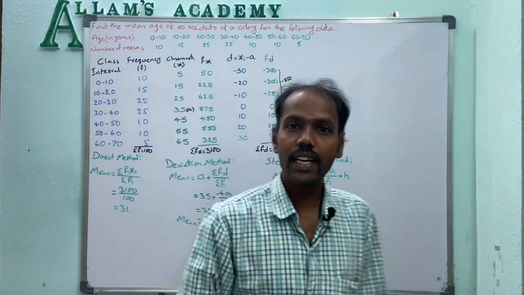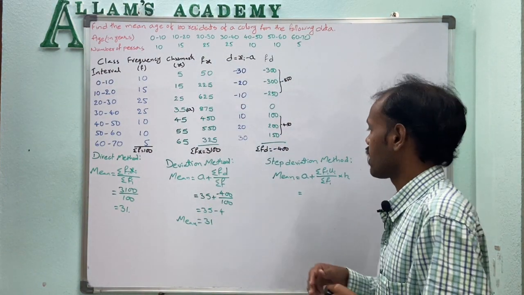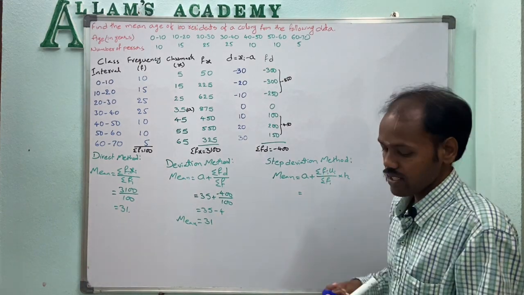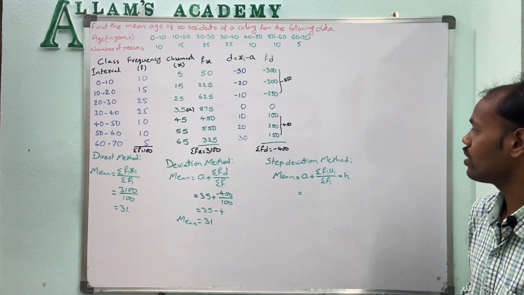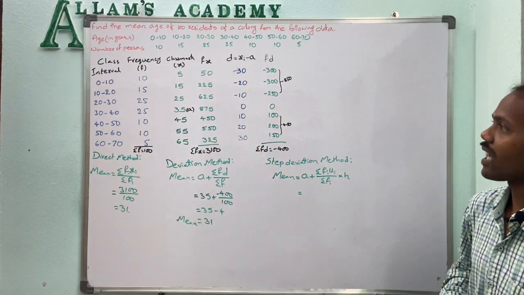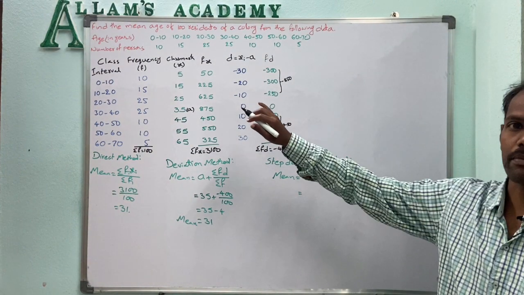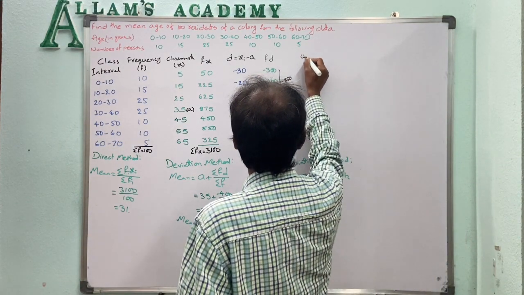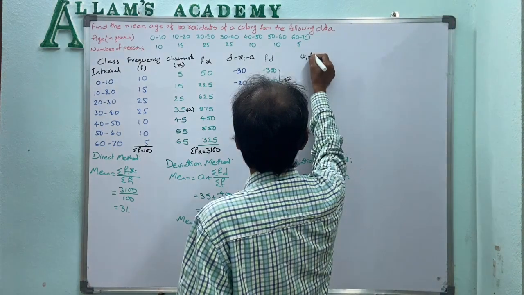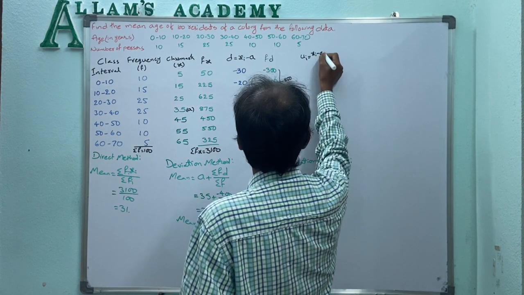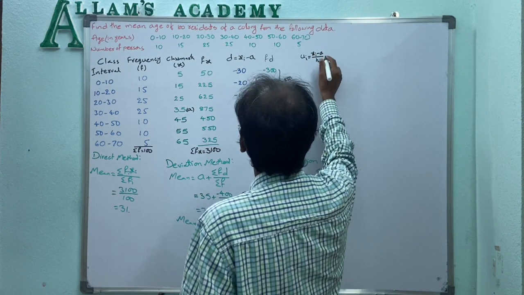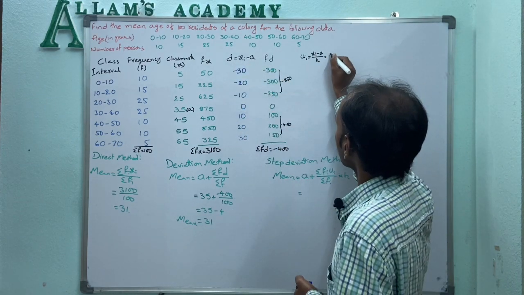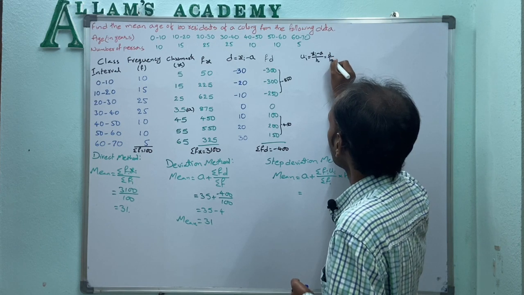Here the assumed mean A we have already taken, the frequencies F and summation F we know, and the height of the class is 10. Now we have to find the ui value. ui equals xi minus a by h. We already know xi minus a equals d, so it is d by h.